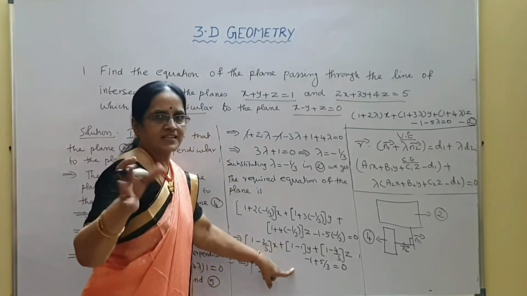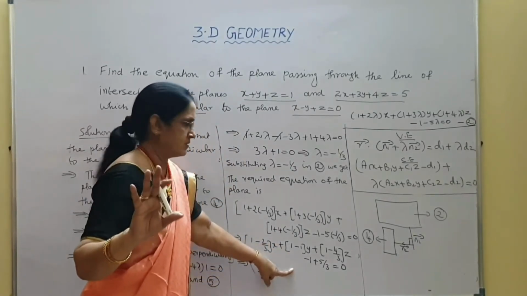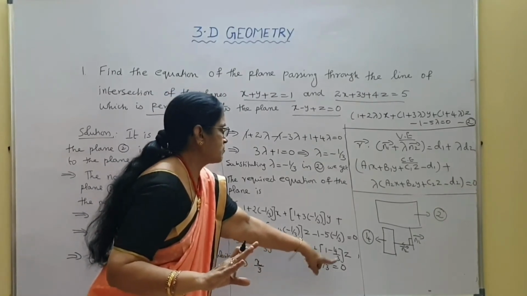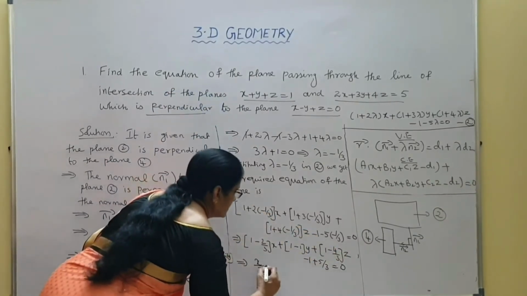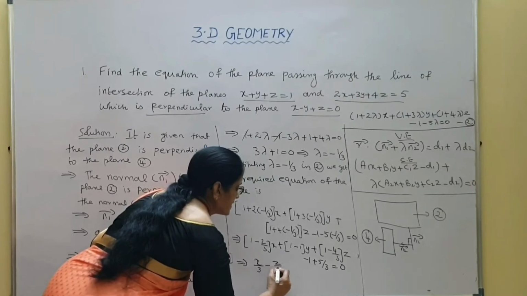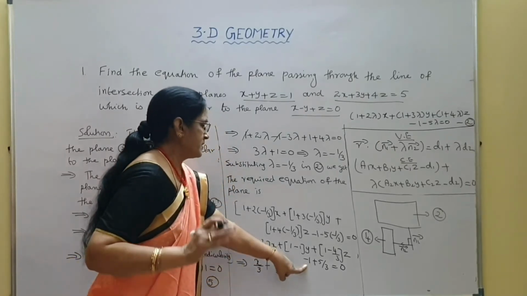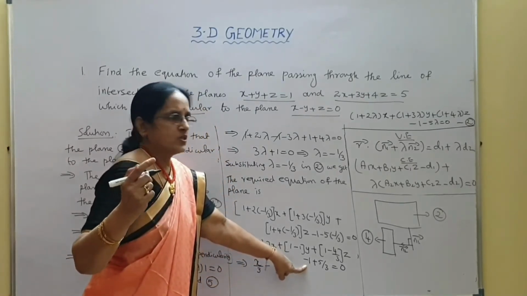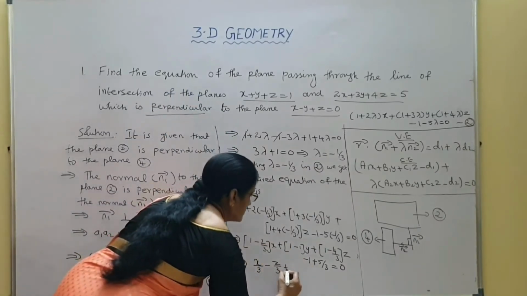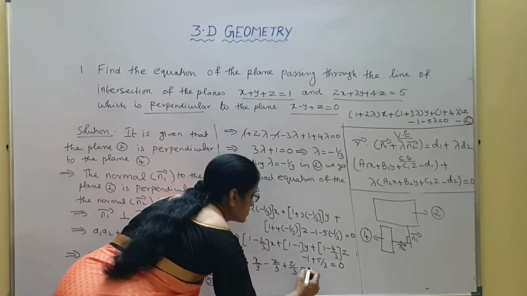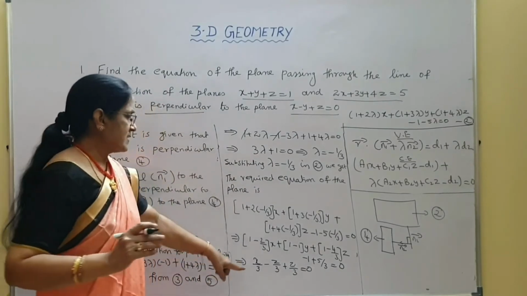Plus 1 and minus 1 will get cancelled, so there is no y term at all. Here it will be minus 1 by 3 z, or minus z by 3. When you take LCM, minus 3 plus 5, which is 2, so plus 2 by 3 equal to 0.